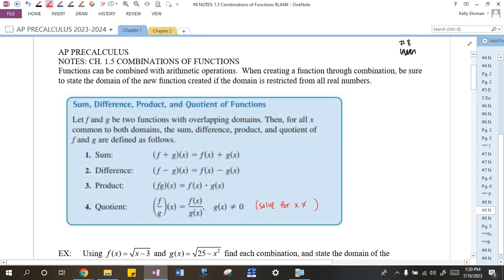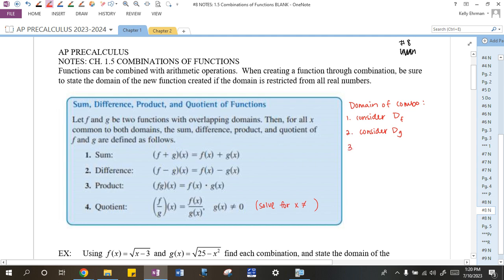Something to keep in mind when you're working with multiple functions, let's just say we have two, f and g. When we're talking about domain of a combination, the first thing to do is consider the domain of f, and then the second thing is consider the domain of g. Maybe f's domain is all real numbers, but g is like x can't equal 1.